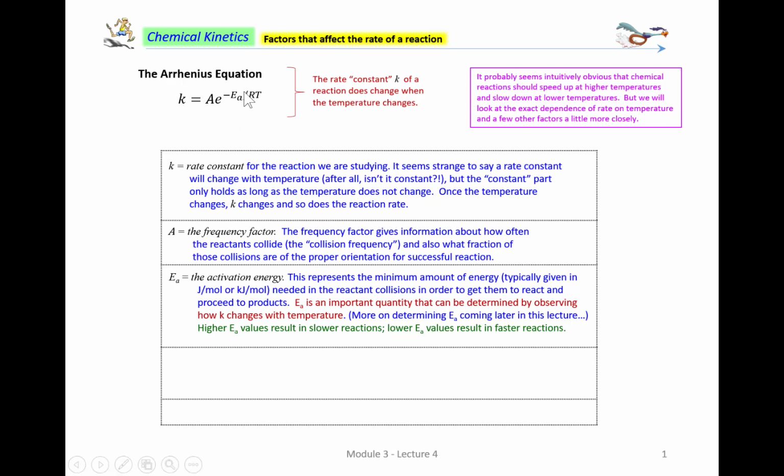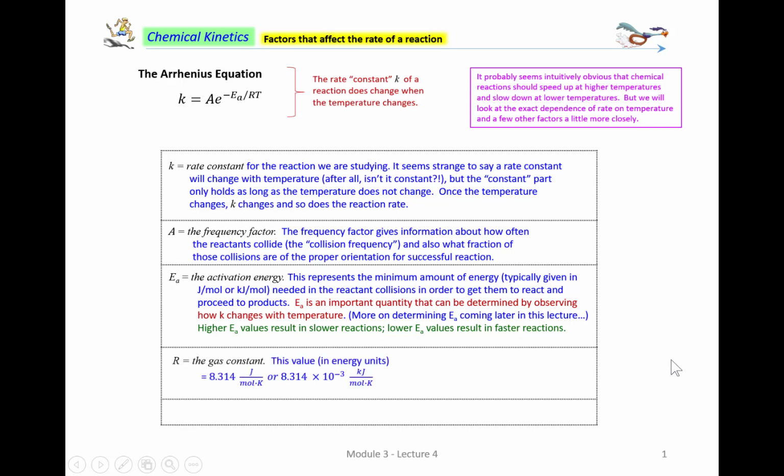So as the activation energy gets larger, the rate constant will decrease, and so the reaction rate will decrease. Lower values of activation energy would result in faster reactions.